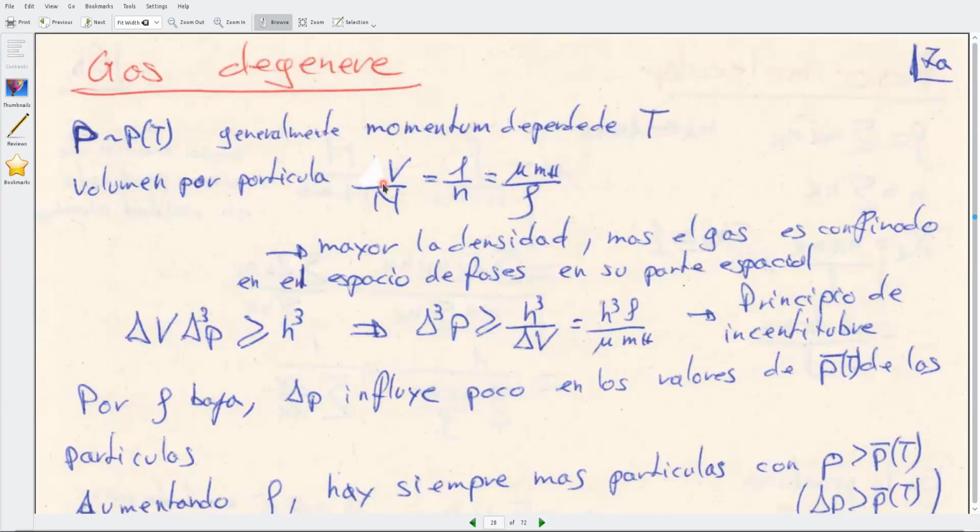One is the exclusion principle of Pauli. It says that you cannot have two particles, two fermions, with exactly the same quantum numbers. So you have a difference in spin. That's the reason you have usually two, one up, one down.